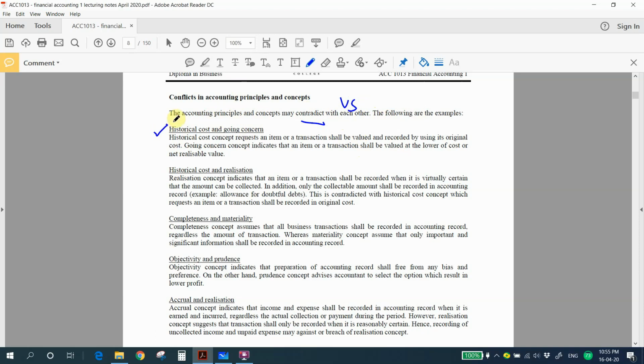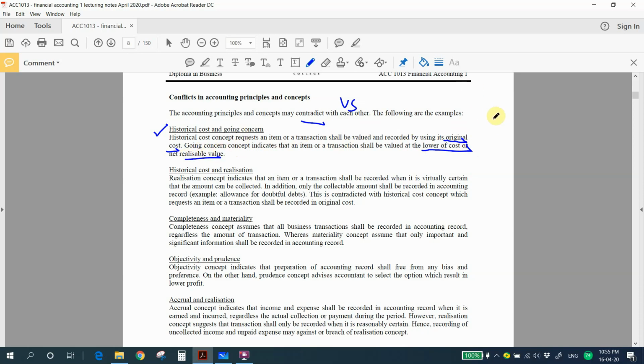First one, historical cost and going concern. According to the historical cost, we are required to record the transaction using the original cost. However, the going concern concept says that you should record the transaction at the lower of cost or the realizable value.